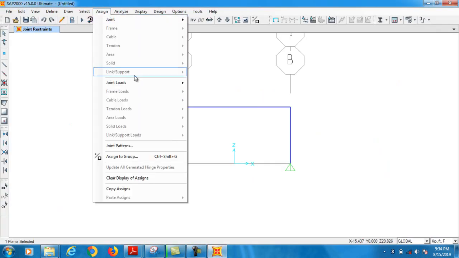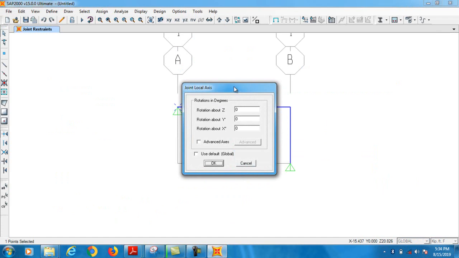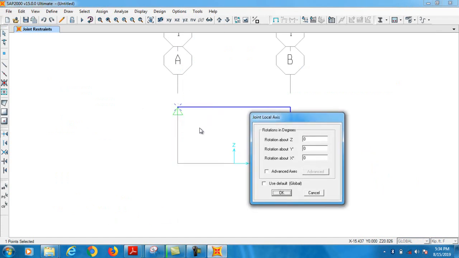Assign, joint local axis, and we need to rotate this clockwise, by an amount of 90 degrees about the y-axis.